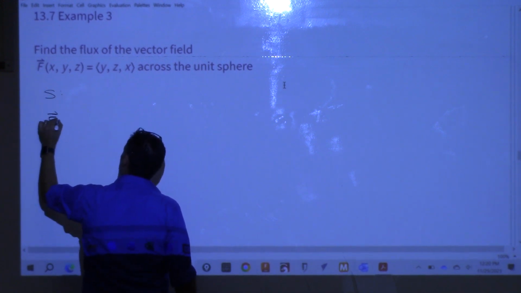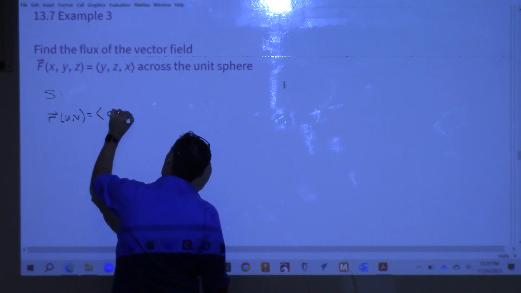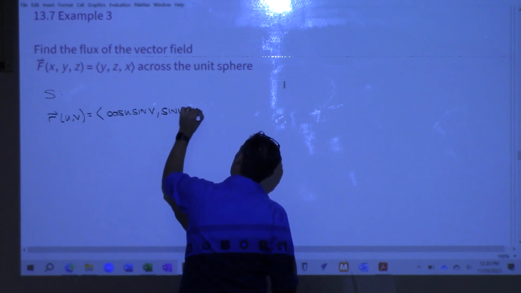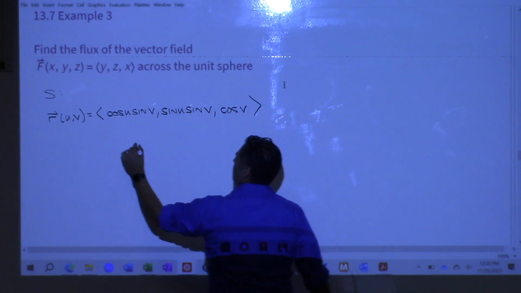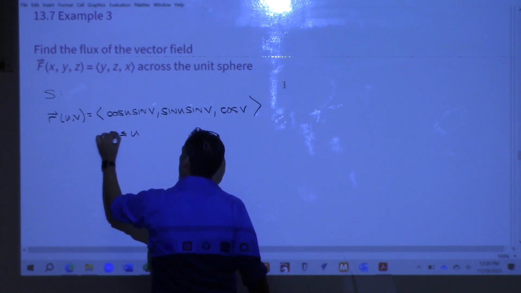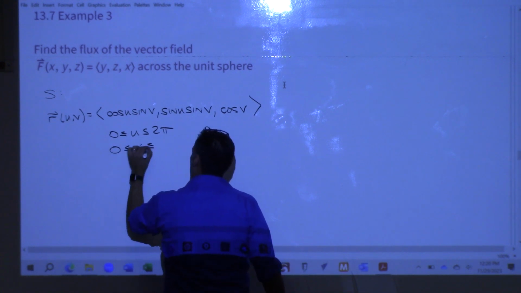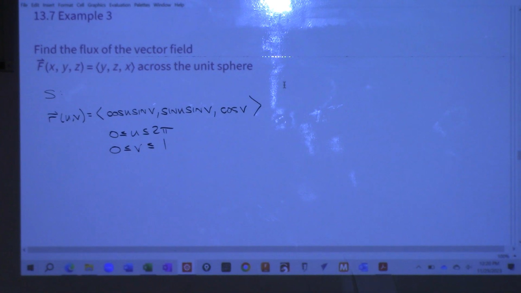So I'm going to draw that using r(u,v) = (cosine u sine v, sine u sine v, cosine v), and u is between 0 and 2 pi. v is between 0 and pi. Okay, we've done that a lot, right? That's going to draw me the entire unit sphere.